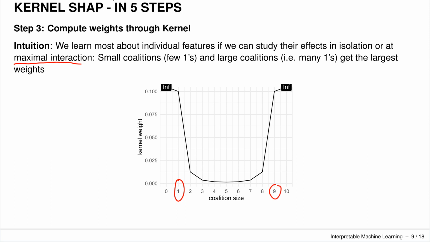But actually the one with all of them included is not so interesting, because then we cannot add our feature again, and we will just always get the original prediction. That's why we weight up the ones close to the ends.